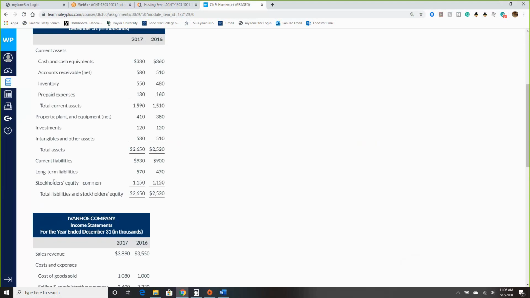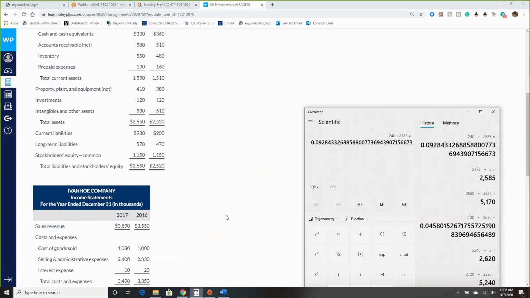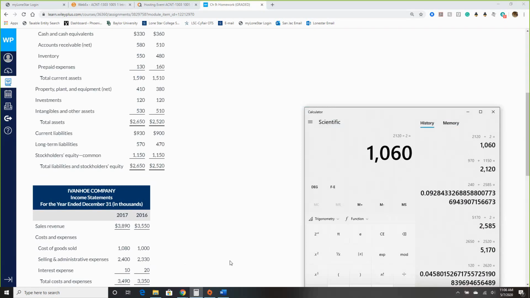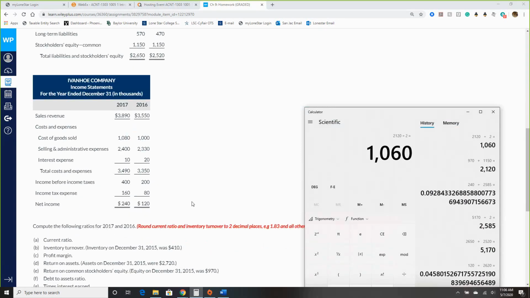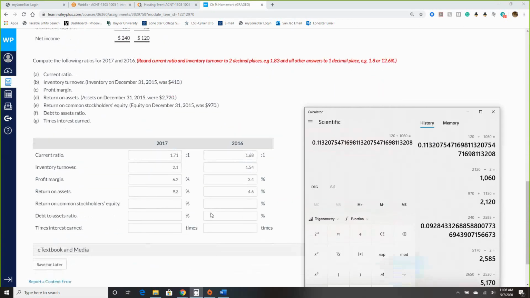Here, it's just one line, nothing more. They kept it simple for this last problem. So 970 plus 110 divide by 2 and divide that into your net income. 20 divided by 160. We're looking at 11.3%.